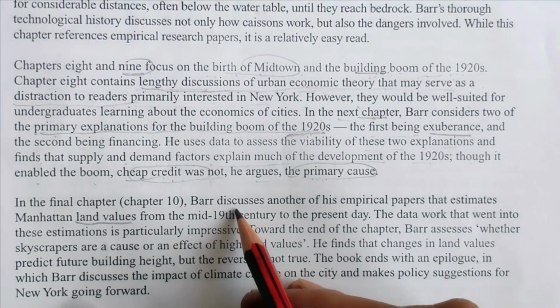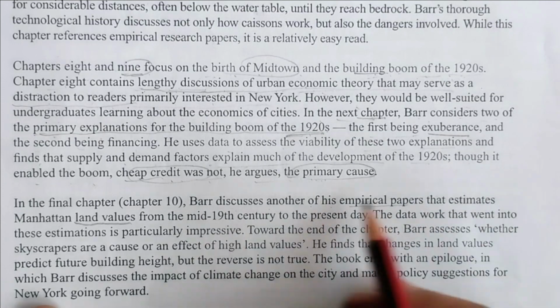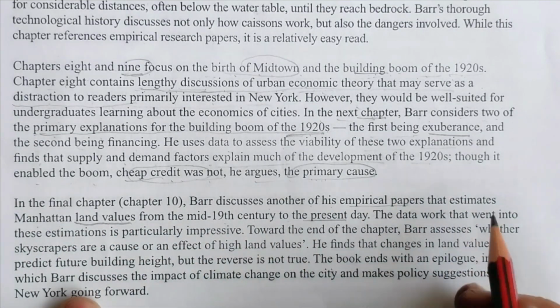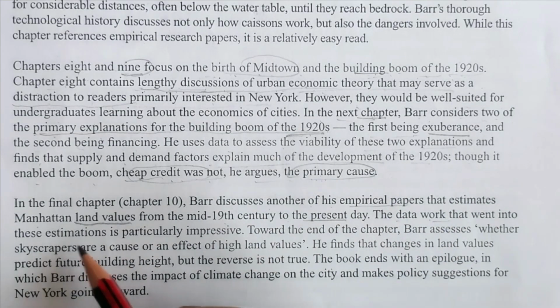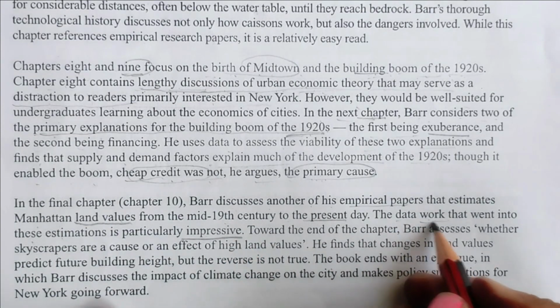Barr discusses another of his empirical papers that estimates Manhattan land values from the mid-19th century to the present day. The data work that went into these estimations is particularly impressive.